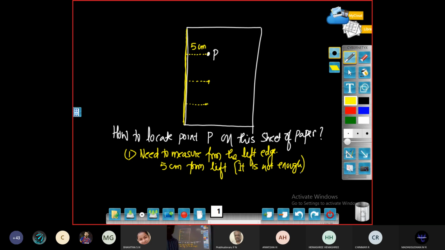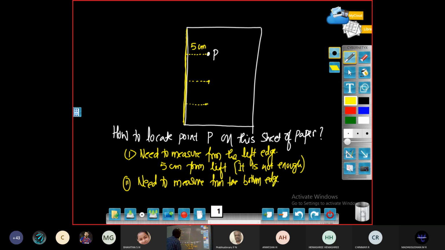I just gave that the point is at 5 centimeter from the left edge of this paper. That will not locate point P on this paper, because there are so many points at a 5 centimeter distance from the left edge. Now again, I'll give another information. We need to measure from the bottom edge also.